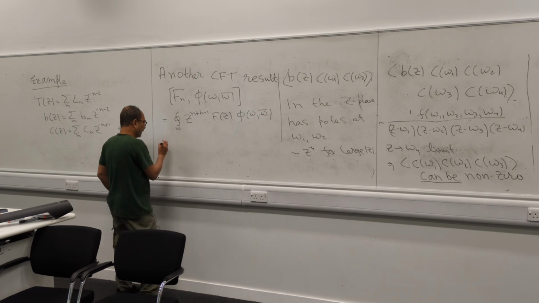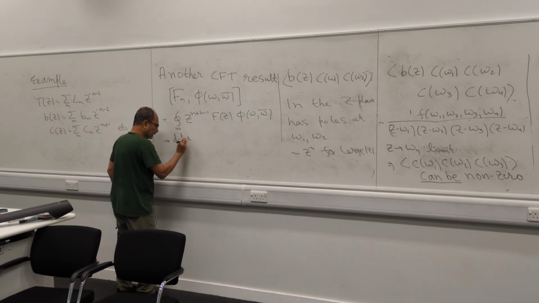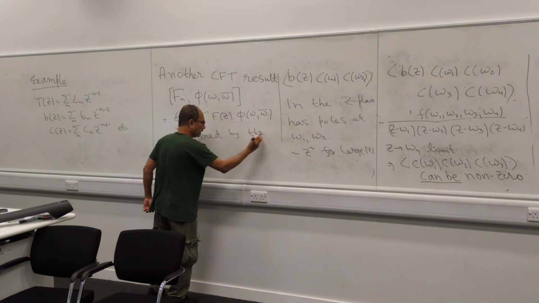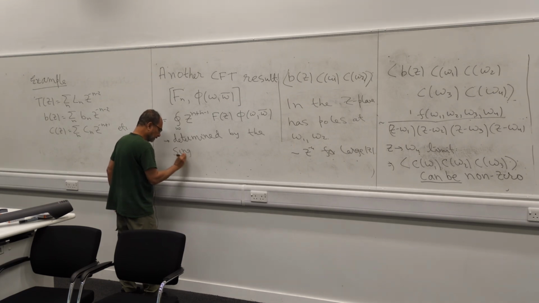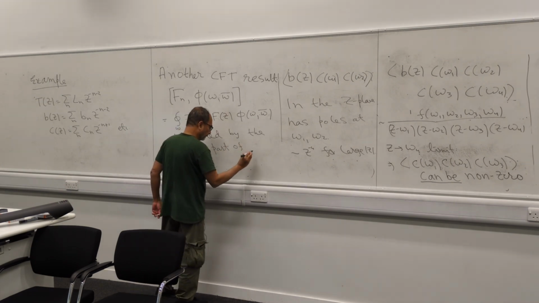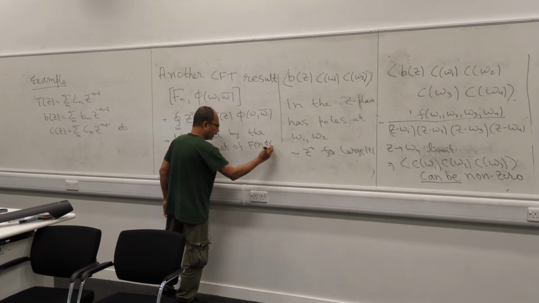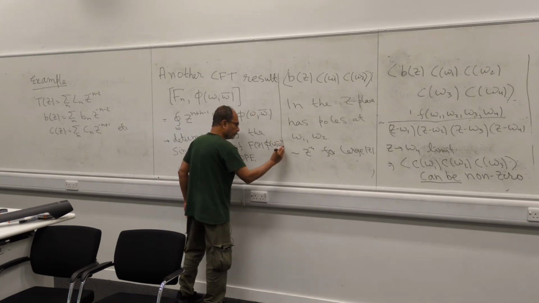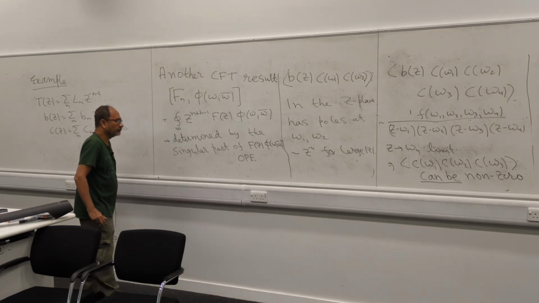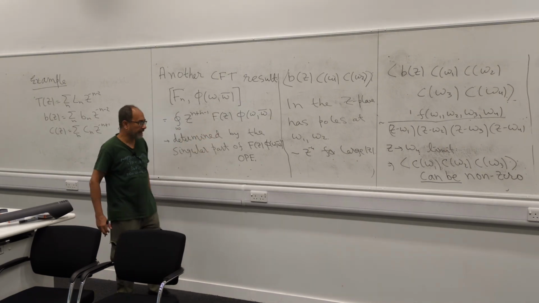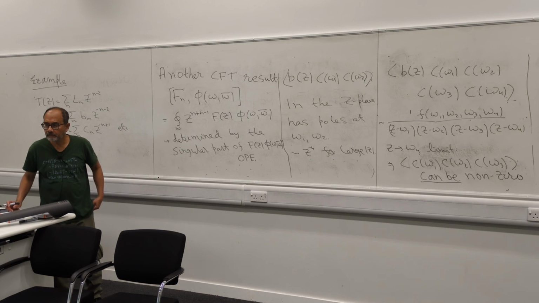So this is determined by the singular part of the OPE of f(z) with phi(w, w bar). Non-singular parts will not contribute because you can shrink the z contour towards w.